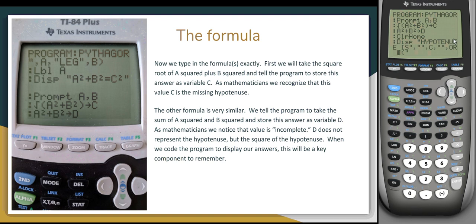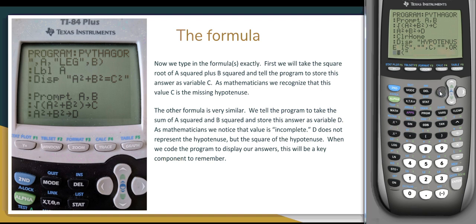We'll have it display again, and we'll say hypotenuse is, comma, a blank line, comma, C, comma, a blank line, comma, oops, and I will need a quotation here, or with the square root.